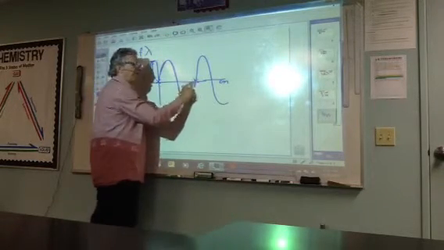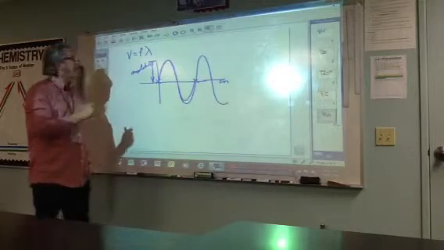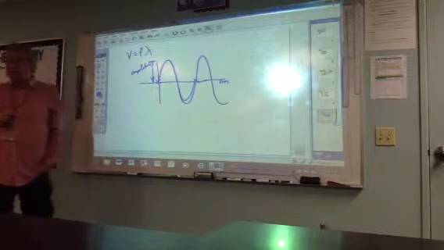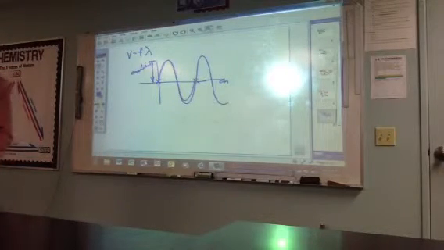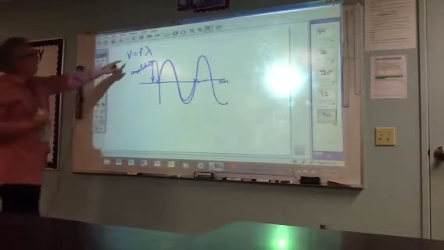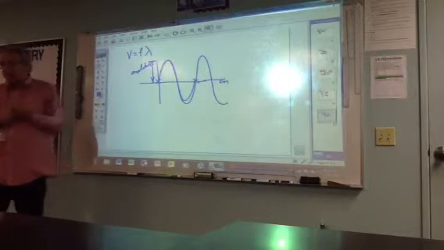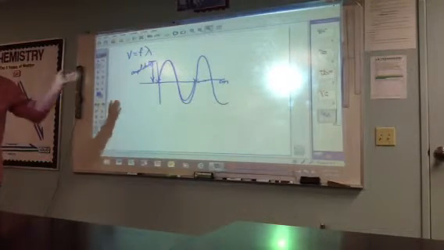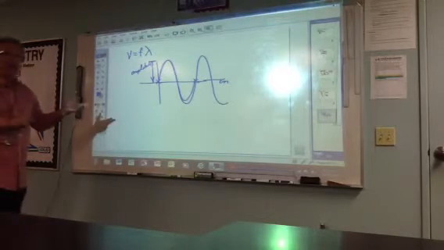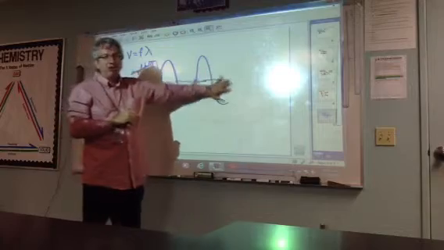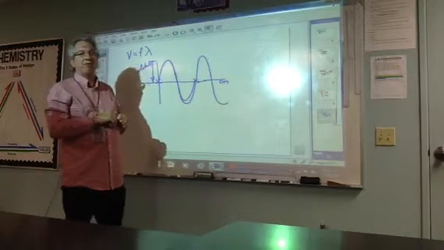The distance from here to here is the wavelength lambda that would go into this formula, yeah? Now, if I give you the velocity of the wave, which would go here, you should be able to tell me the frequency, and you should be able to tell me the period, because we've already had the formula, it's 1 over the frequency, right? So you should be able to get all these wave properties for this wave, yeah?